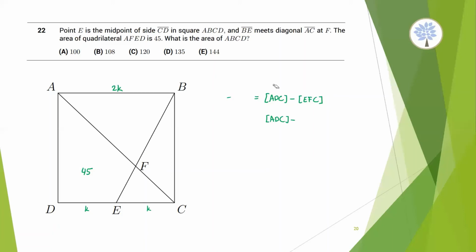So before we get into all of these area ratios again, we're first going to use a similarity between two triangles. Yeah, some of you have already written this in the chat. So triangle EFC is similar to triangle BFA, and therefore we have these length ratios.